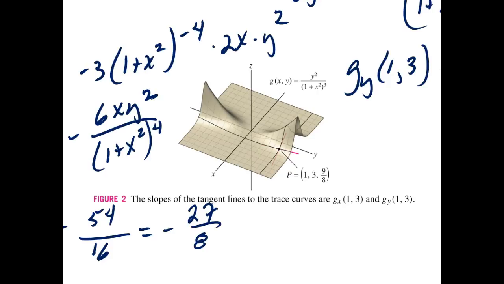And so the partial of that, when y is equal to 3, there's y equals 3 there, and the change of this with respect to x would be, you're coming down this way, so it's going downhill, minus 27 over 8.